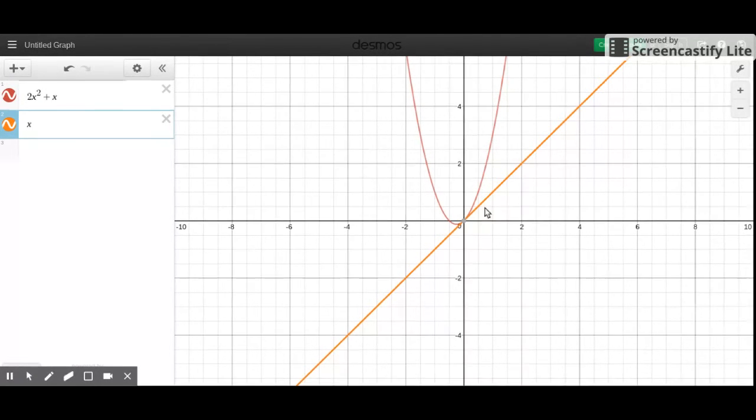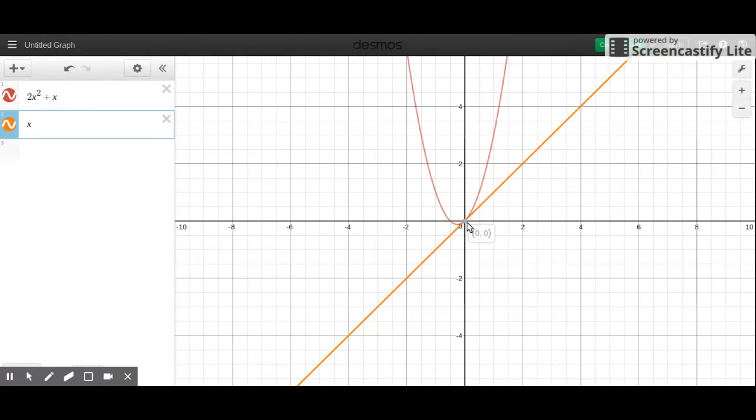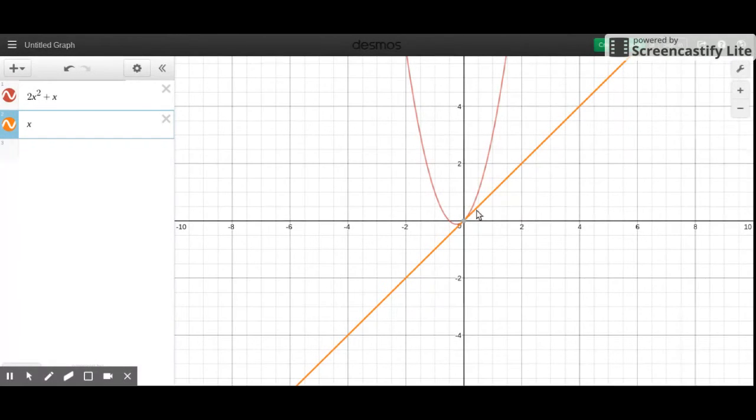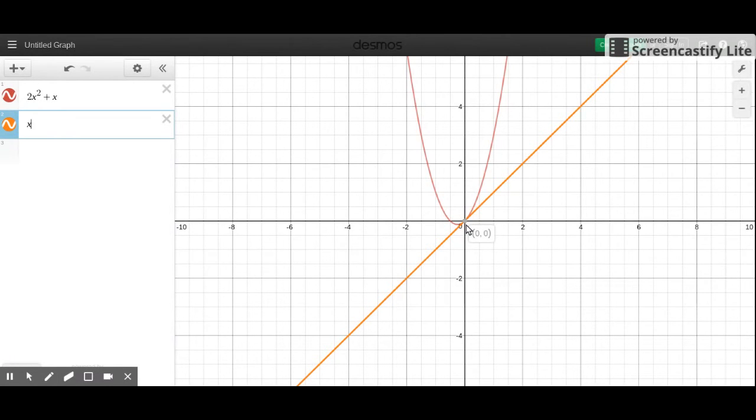So here's the point 0, 0 on the graph of 2x squared plus x, and you can see the orange line here is the tangent line. This is the tangent line that passes through the point 0, 0 of the curve 2x squared plus x.